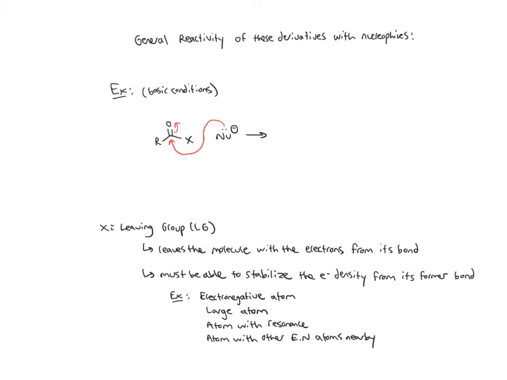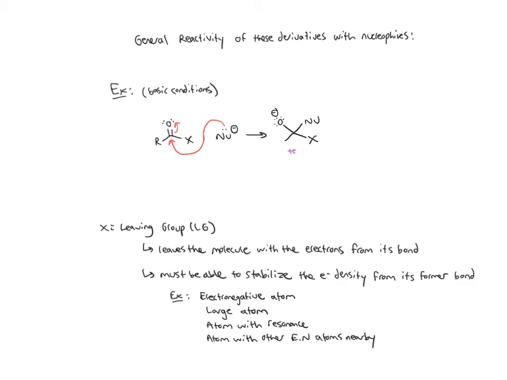Depending on if we have an acid or base, we might have to protonate that carbonyl first. In this example, we're under basic conditions just because that tends to be the shorter mechanisms. So just like in the previous chapter, we're going to have that tetrahedral intermediate form when the nucleophile adds.